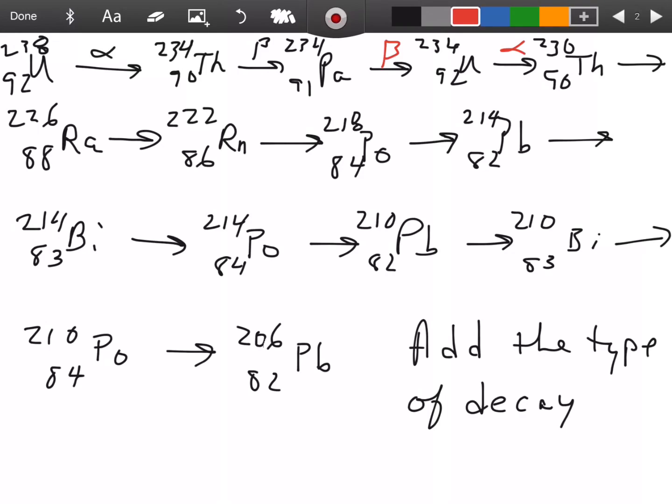From 90 to 88 must be another alpha decay. 88 to 86, alpha. 86 to 84, alpha. 84 to 82, alpha. 82 to 83, beta. 83 to 84, beta. And 84 to 82, alpha. And 82 to 83, beta. 83 to 84, beta. 84 to 82, alpha. This follows the degradation or decay series that you'll see in figure 21.9 of your textbook.